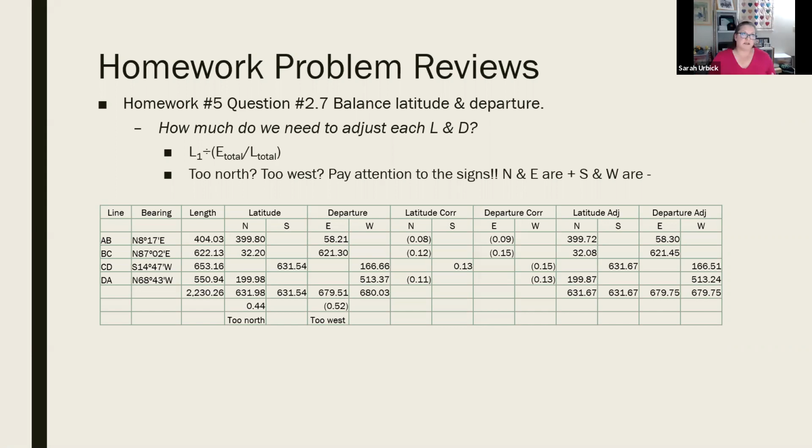So it's one thing when we're talking about a more simplistic version. To me, the leveling is a little more simplified because for each point, you make one adjustment to the elevation, right? Here, we've got to look at whether we're adjusting a latitude that could be positive or negative, and a departure, which could be positive or negative as well.